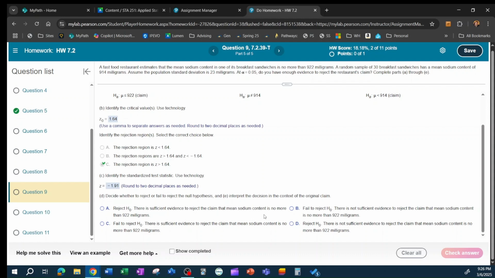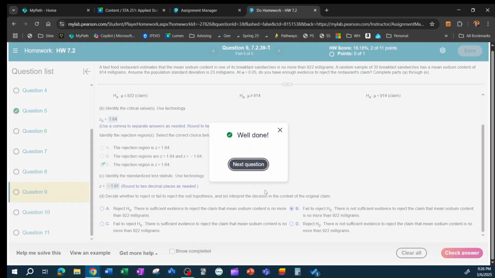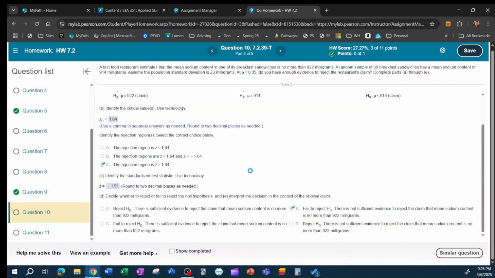So it's going to be C or B. And I'm liking this, says not sufficient evidence to reject the claim. Let's see what this one says. Okay, fail to reject. And then it says there is sufficient. So that cannot be right. When you fail to reject H0, you can never make a statement about anything. All right, so this is the right answer. And that's it.